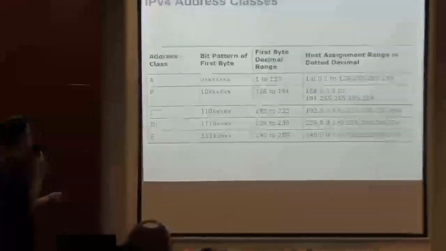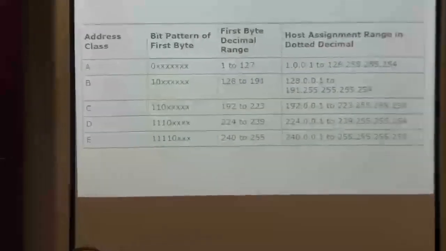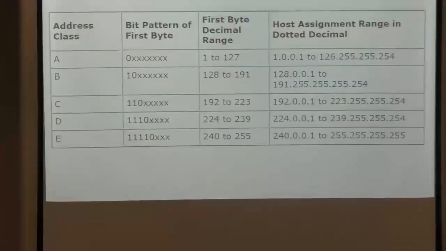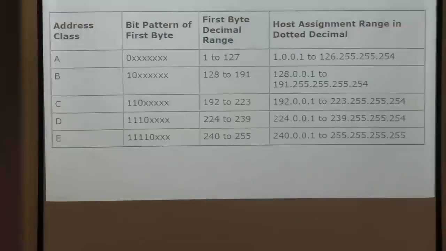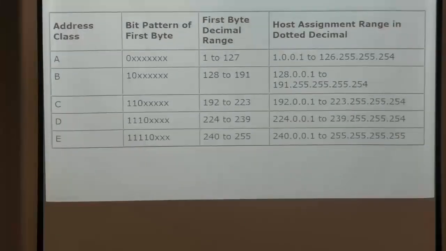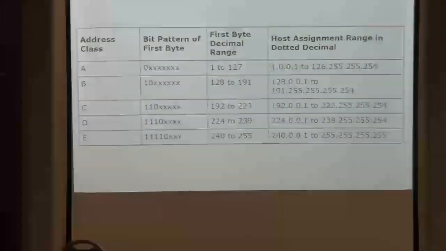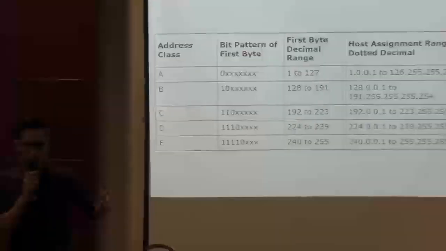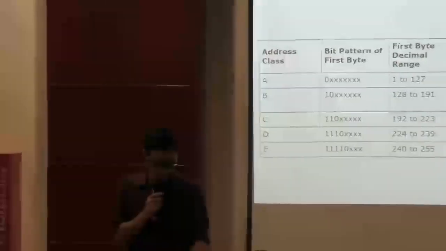C is 192 to 223. D is 224 to 239, and E is 240 to 255. So each IP address has its own class. It is determined by the first byte's decimal range. So by the starting number, you can know what the class of the IP address is.